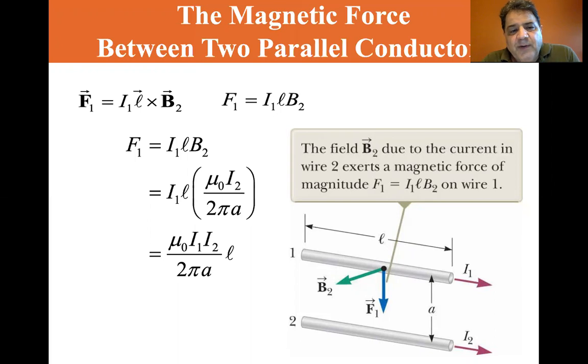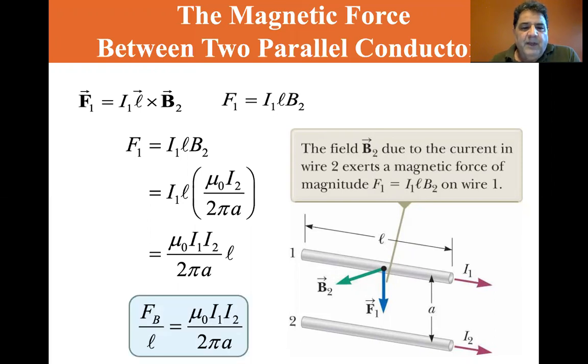So let's bring the I into the parentheses, and you have the force on 1 equal to mu 0 I1 I2 divided by 2 pi A, times L. So the magnetic force divided by the length is equal to mu 0 I1 I2 divided by 2 pi A, where A is the separation distance.